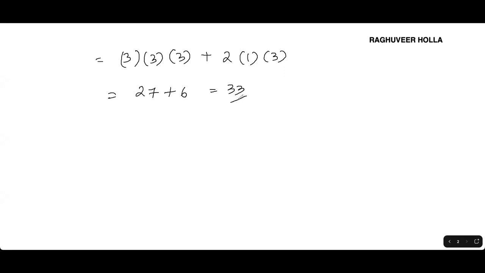That is this f dash of 1, which is 3, and this is 3 again, and 3 plus 2 into 1 into 3, right? So this is 3 cube, which is 27, and this is 6. So which results in 33. So this is the required result.